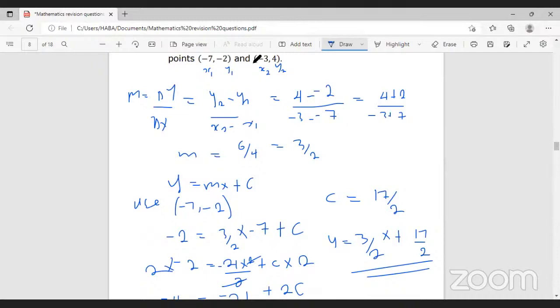Because some of these numbers are negatives, we got 4 minus, this was -2, and it later became 4 plus because of the negative. Then we got 3 minus -7. Excuse me a bit.